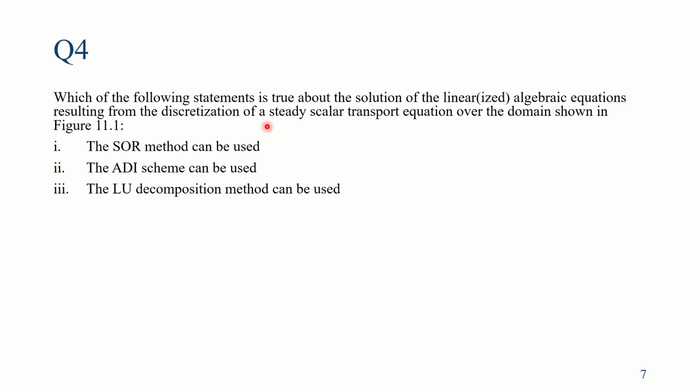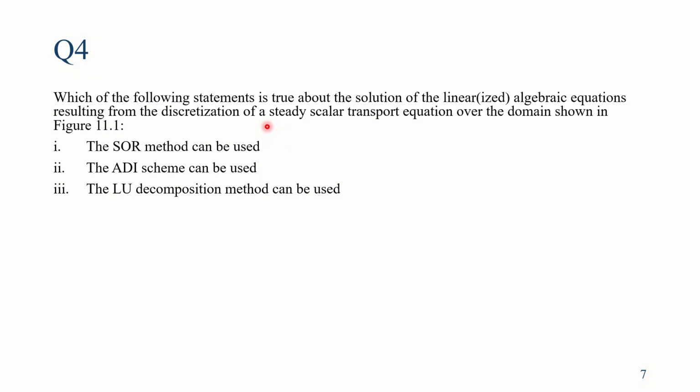SOR is nothing but the successive over relaxation method, which can be used anywhere; it does not pose any restrictions in most cases. The second one is the ADI scheme, which is the alternating direction implicit scheme.